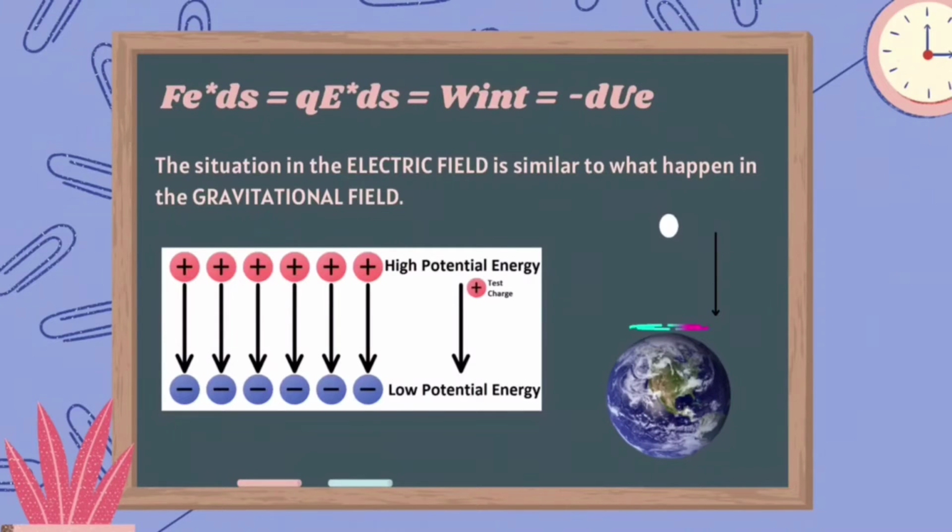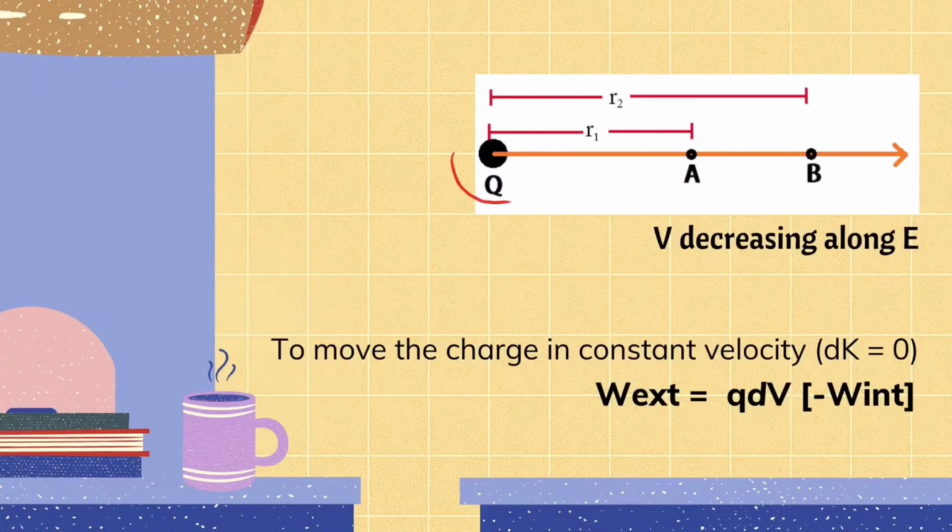The same situation applies when a charge enters an electric field, which brings us back to these equations. The difference of electric potential energy will be negative because the test object will be moving from the highest potential energy to the lowest potential energy. Now, here is the charge moving to the right.